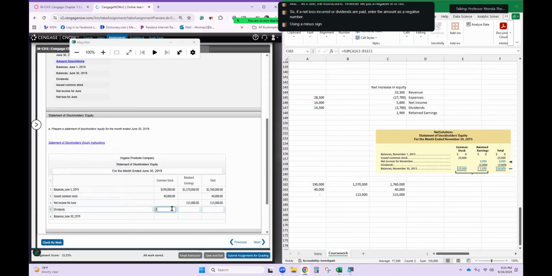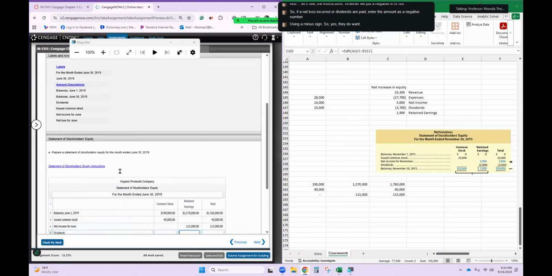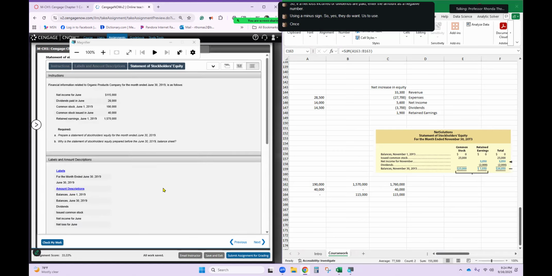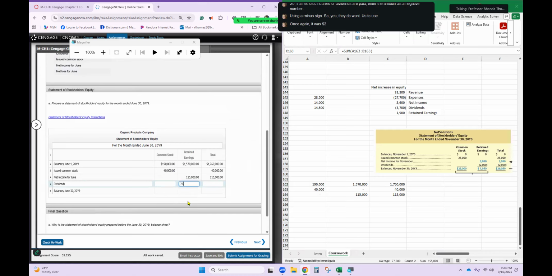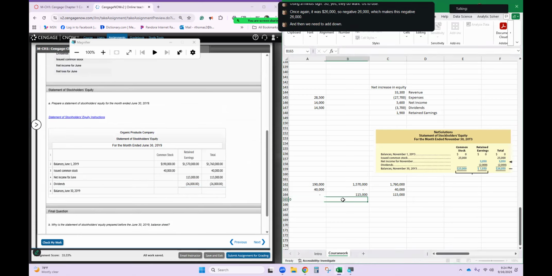So yes, they do want us to use, once again, it was 26,000. So negative 26,000, which makes this negative 26,000. And then we need to add down. Okay, we need to add down.